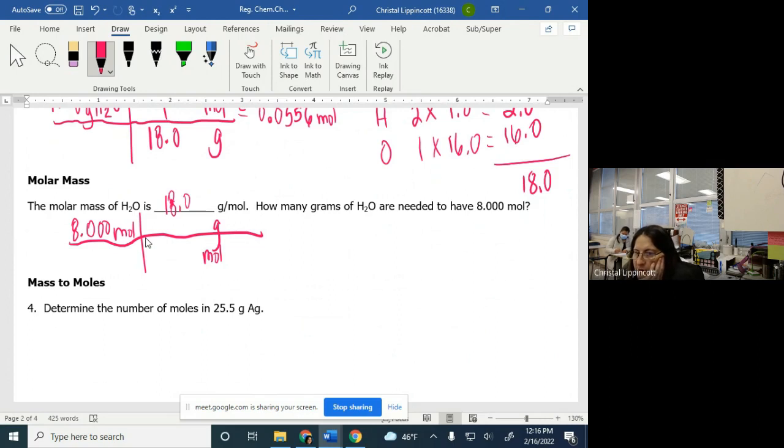So when I do that, I'm going to take 1 mole, 18.0 grams, and that's 144.0 grams of H2O.